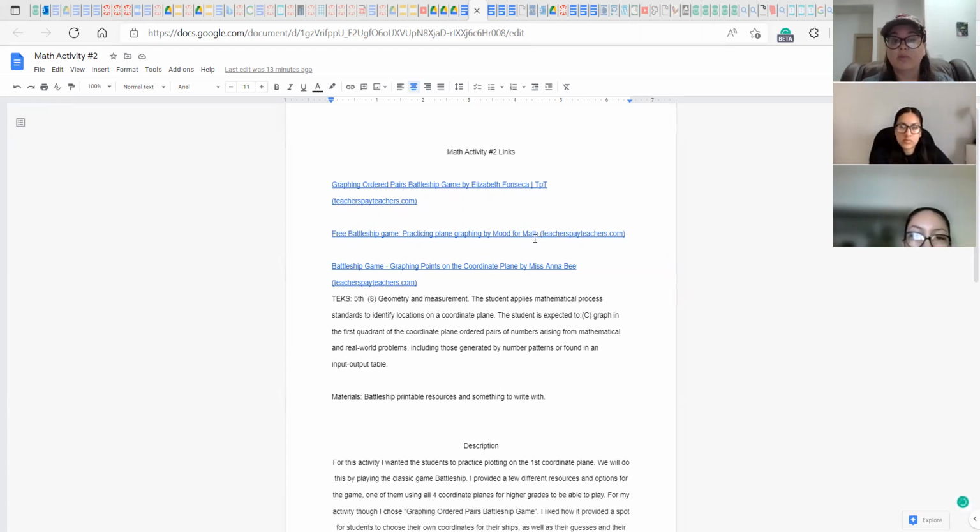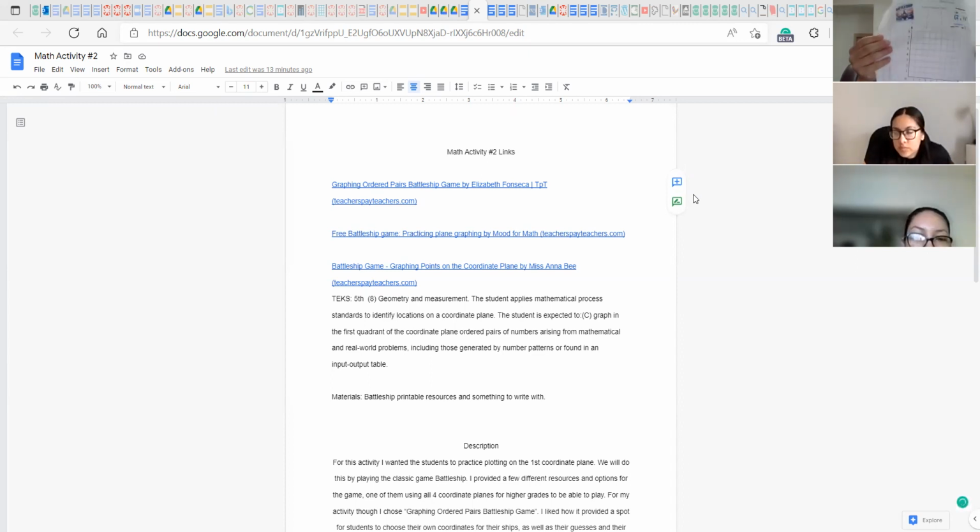So I actually have 3 resources, and I went with the first one here, Graphing Ordered Pairs Battleship Game. I went with that one because it's going to hit that TEK better. It is more on a 5th grade level because it's just the first coordinate plane, if you can see here.